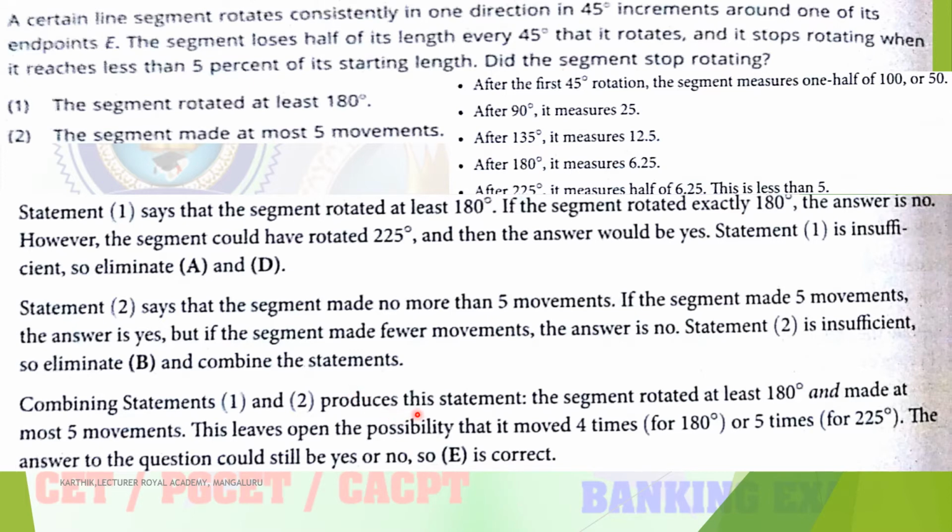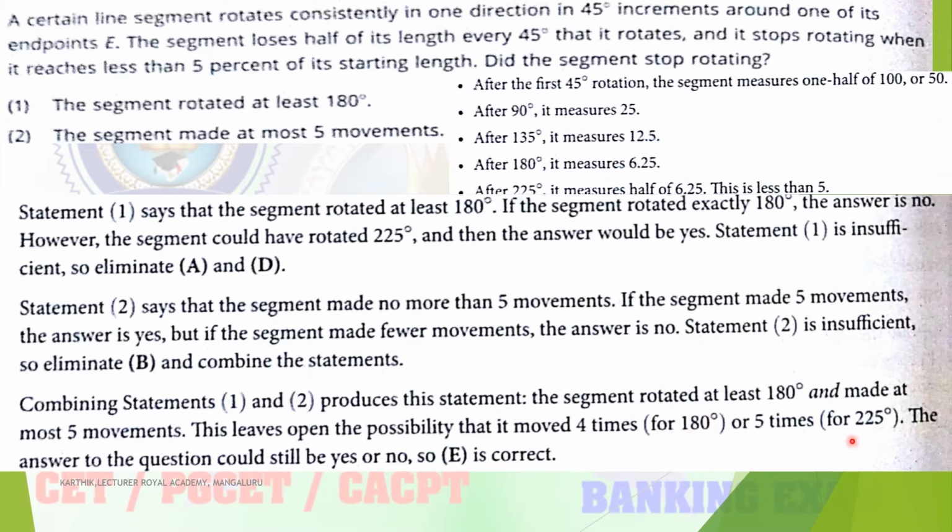The segment rotates at least 180 degrees and made at most 5 movements. This leaves open the possibility that it moves 4 times, 180 degrees, or 5 times, the fifth time being 225 degrees. So two different answers you are getting: one is no, one is yes.